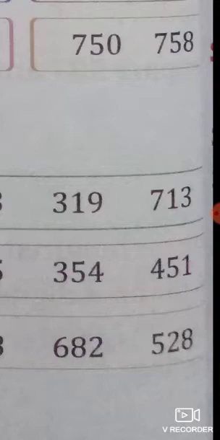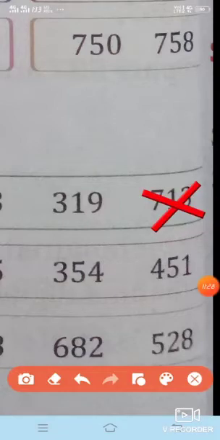Okay, and you will cross 713 yourself. Okay, got it children? So children, you will solve the rest of the questions yourself.